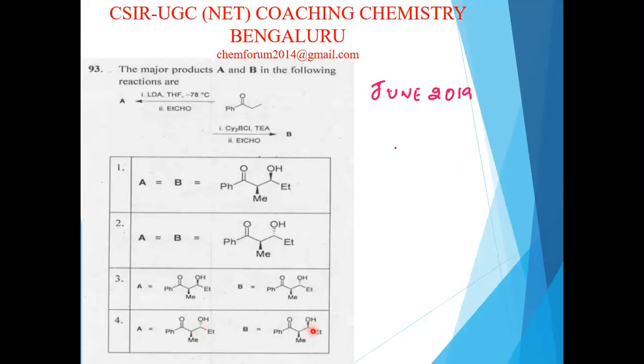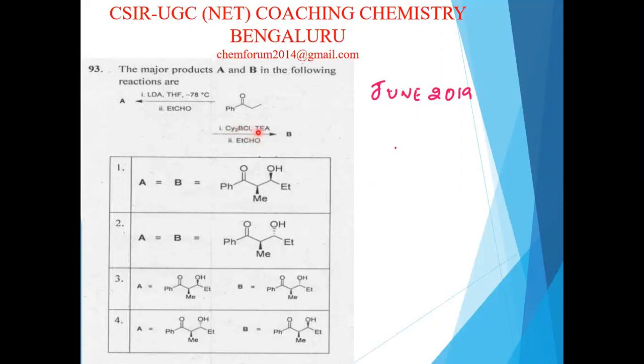What we should know here is what kind of enolate is generated when you use these conditions, and what kind of enolate is formed when you use this set of conditions. So what you should notice here is what kind of substituents you are having on the boron reagent. This boron reagent is dicyclohexyl boron chloride. These cyclohexyl groups are bulky.